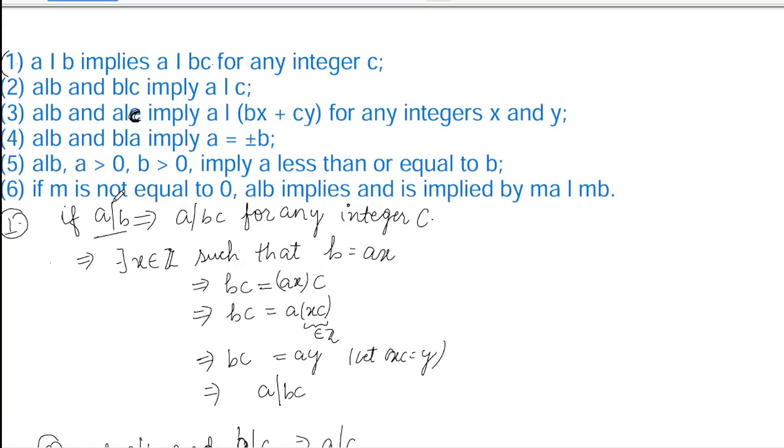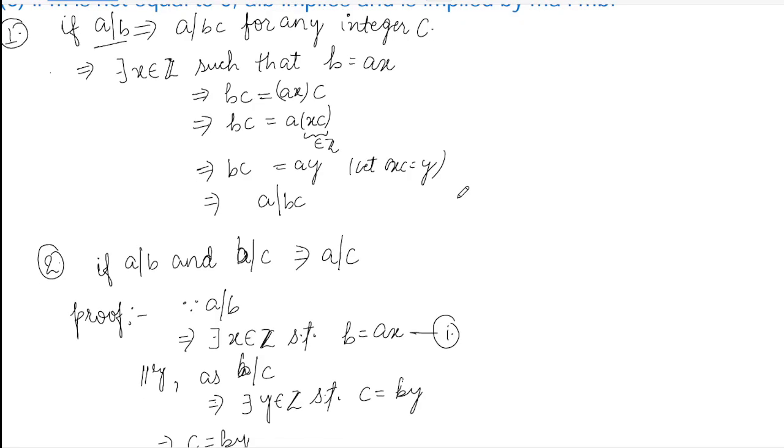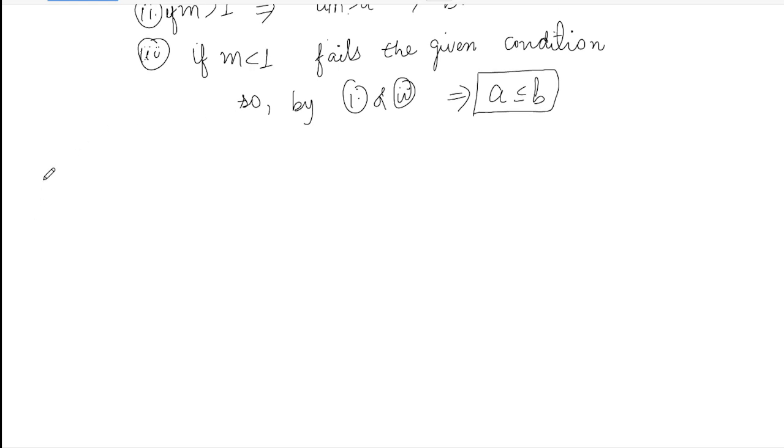If M is not equal to 0, and A divides B implies and is implied by MA divides MB. MA divides MB.